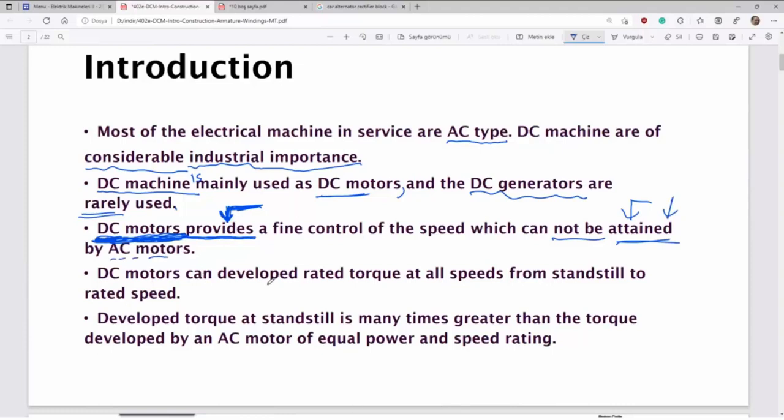DC motors can develop rated torque almost at all speeds, from standstill to the rated speed. You can develop or produce rated torque, I mean nominal torque. You can easily adjust torque. You can maintain it in a large speed region.